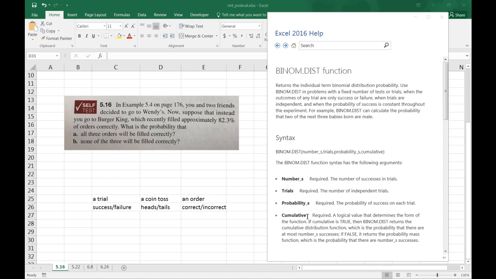Cumulative is the 4th parameter that we need to specify for this function. If you specify it as true, the function will return the cumulative probability. If you specify it as false, it's going to return the probability itself.